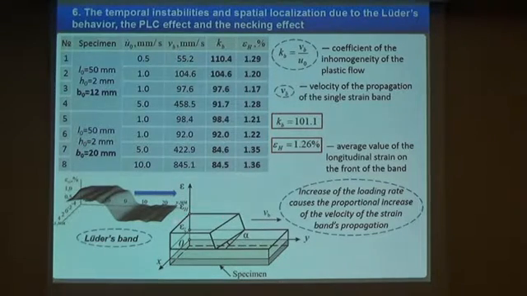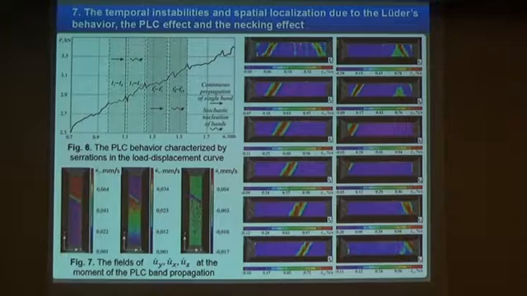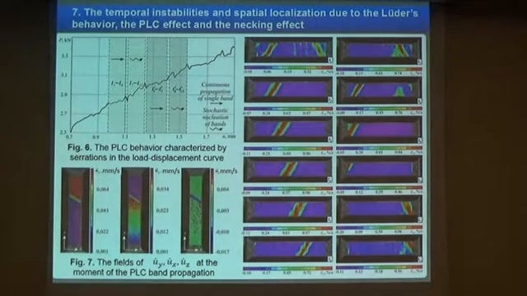This is the average value of the strain on the front of the band. And I can say that an increase of the loading rate causes a proportional increase of the velocity of the strain band's propagation.